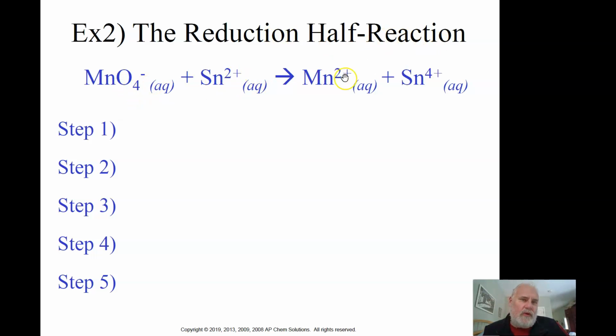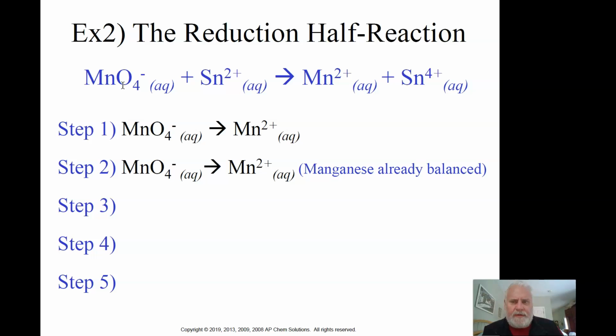So this is the overall unbalanced reaction. That's just not complete. And you can see here that the reduction reaction is going to be the one with the permanganate, the MnO4 going to Mn+2.